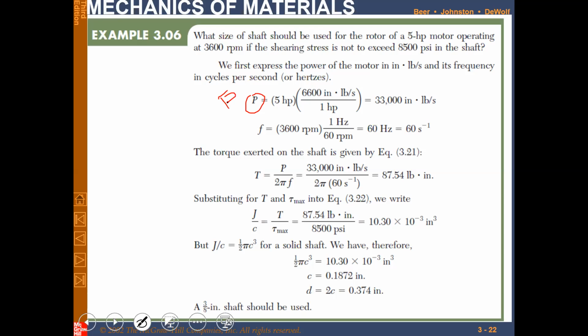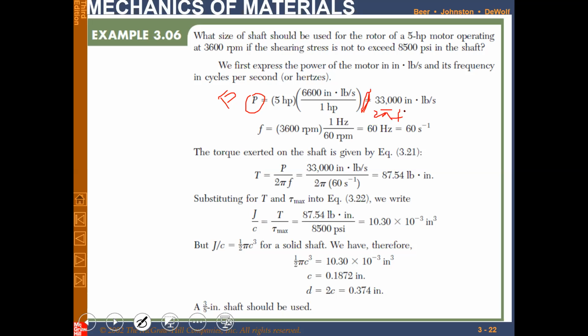P is over here. So this is the same expression we had over there for the torque. In the torque, we need to divide by 2 pi F. That is what we did in the handwritten notes. So P over 2 pi F, and we will end up with 87.54 pound-inch.